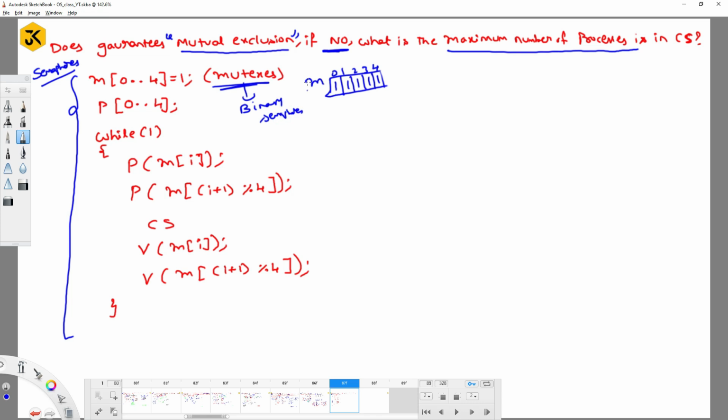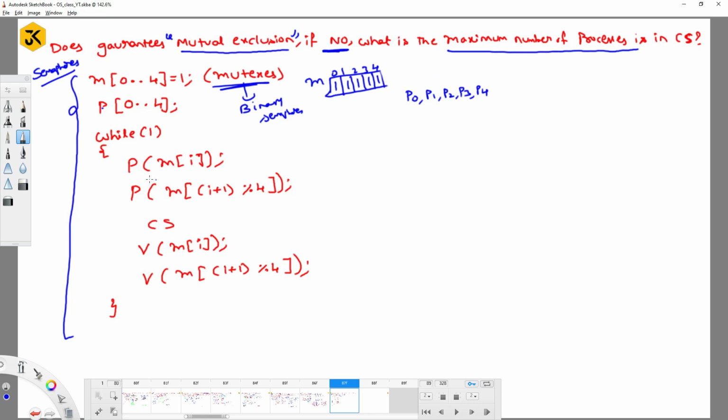When I say binary semaphores, these values can hold either 0 or 1. And they are saying that there are processes P0, P1, P2, P3 and P4.